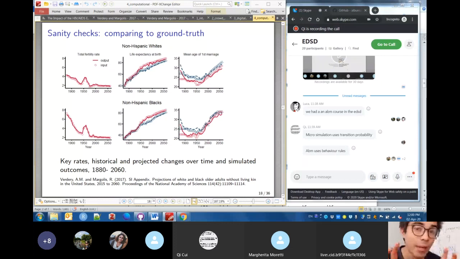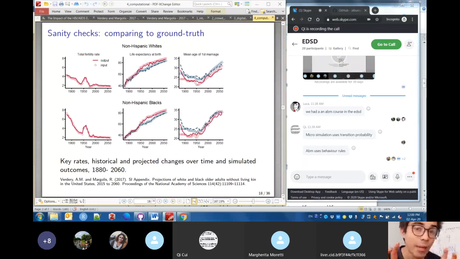I'm just going to explain it in another way because I don't know if it was clear. The idea is that you give the simulation rates, basically, and then these rates are going to be translated into probabilities that the specific agents experience an event. So that an agent gets married, that an agent divorces and then marries again and has a child and dies at a certain age. That's all the result of a probability distribution that comes from the rates. And then this just runs for hundreds of years in your computer, and then you get the output.